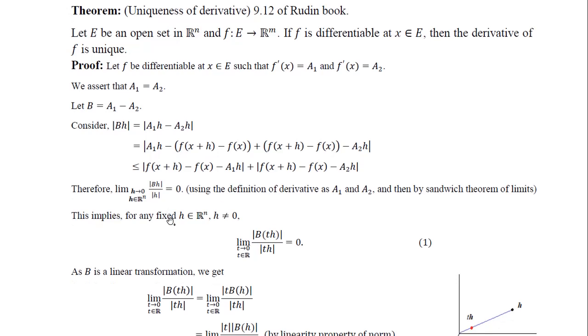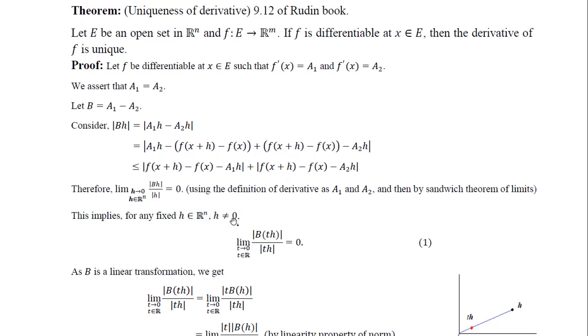Now what we have to prove is that this linear transformation B is the zero linear transformation. Effectively, what we have to prove is that B applied to any h is 0, the zero vector of Rm. So for that, we will consider an arbitrary h belonging to Rn.